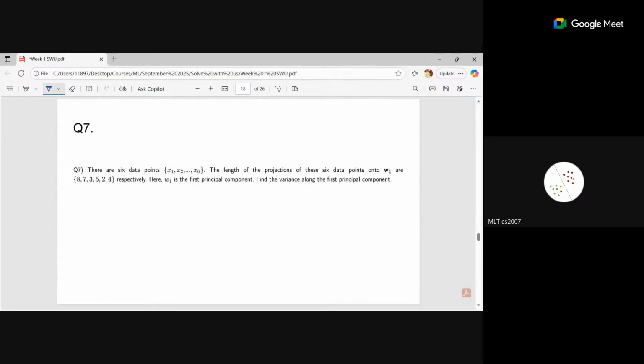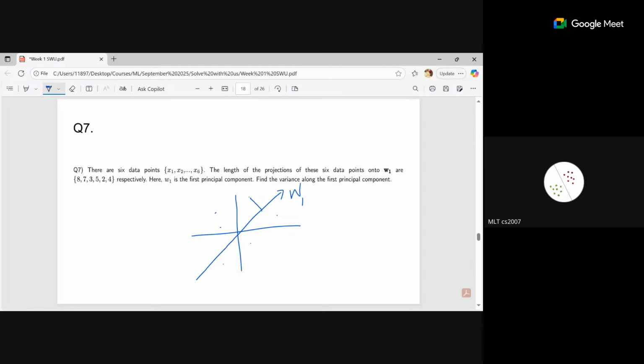In this question, you have 6 data points given to you, X1, X2, X3, X4, X5, X6. The lengths of the projections of these 6 data points onto my first principal component W1 are given to you. So somewhere they are, okay.